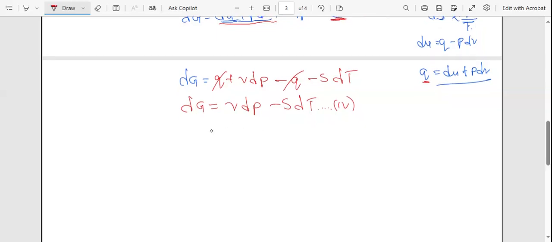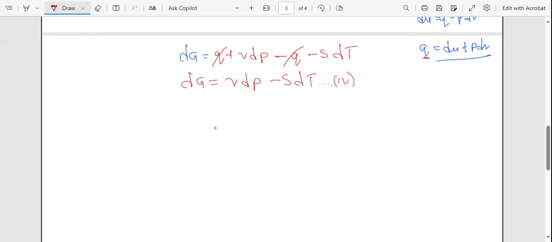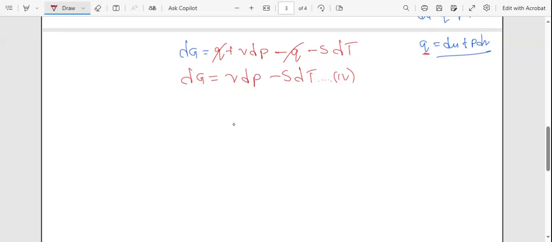So from here, since this was the differentiation, at constant pressure, differentiating this one at constant pressure with respect to T, that will be dG over dT at constant pressure.